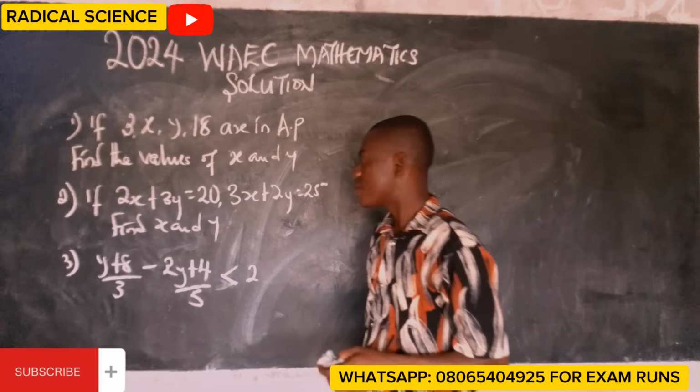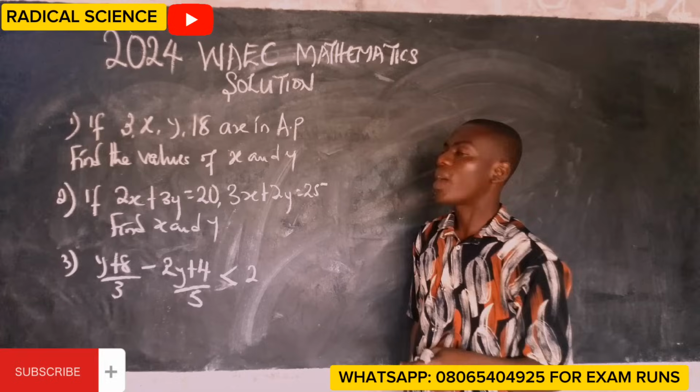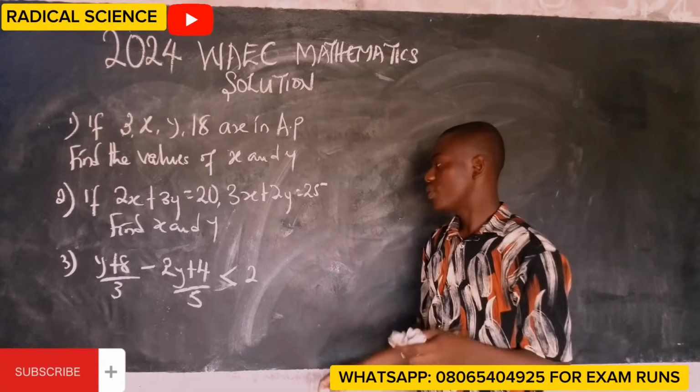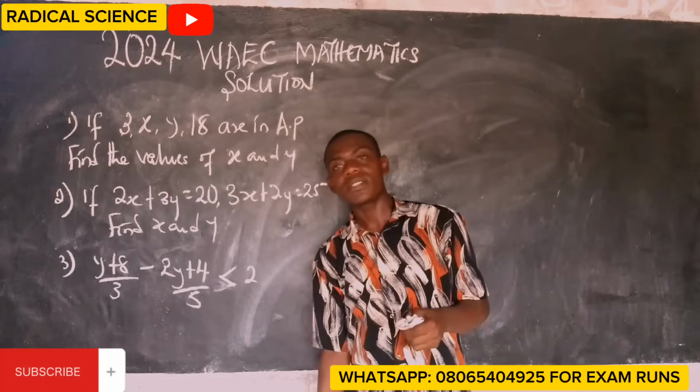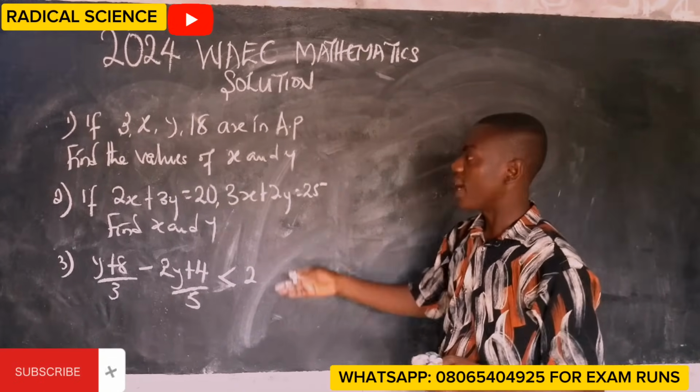And number 3 is: (y plus 8) over 3 minus (2y plus 4) over 5 is less than 2. You are expected to solve this and solve it accurately and get the answer.